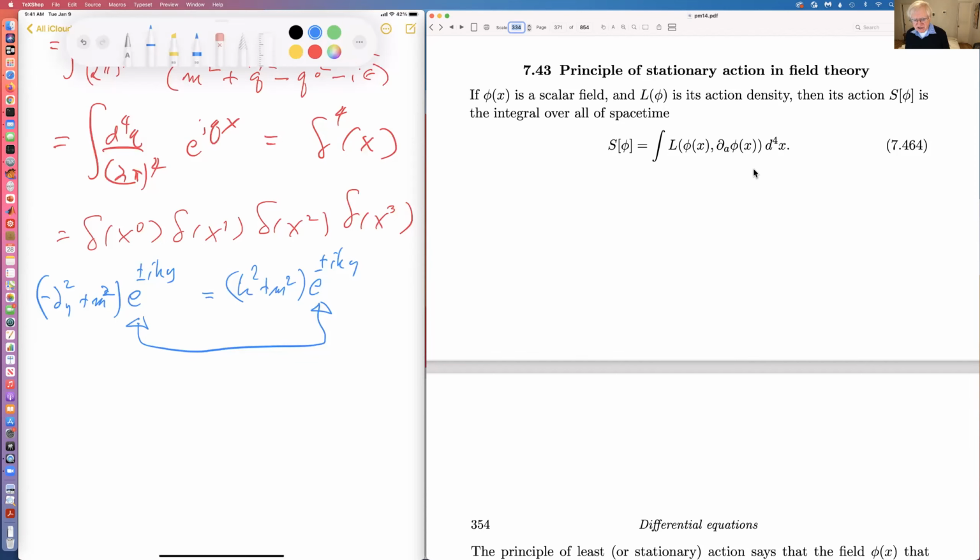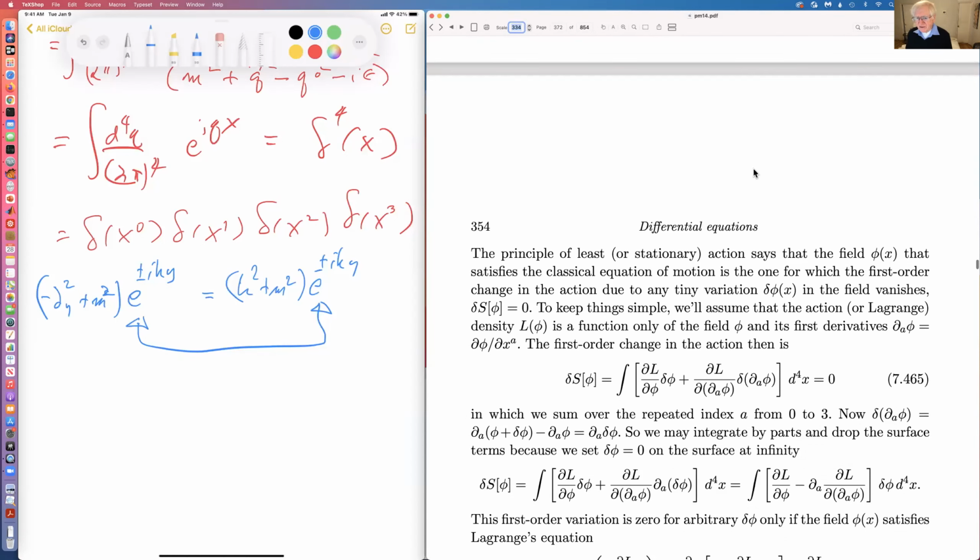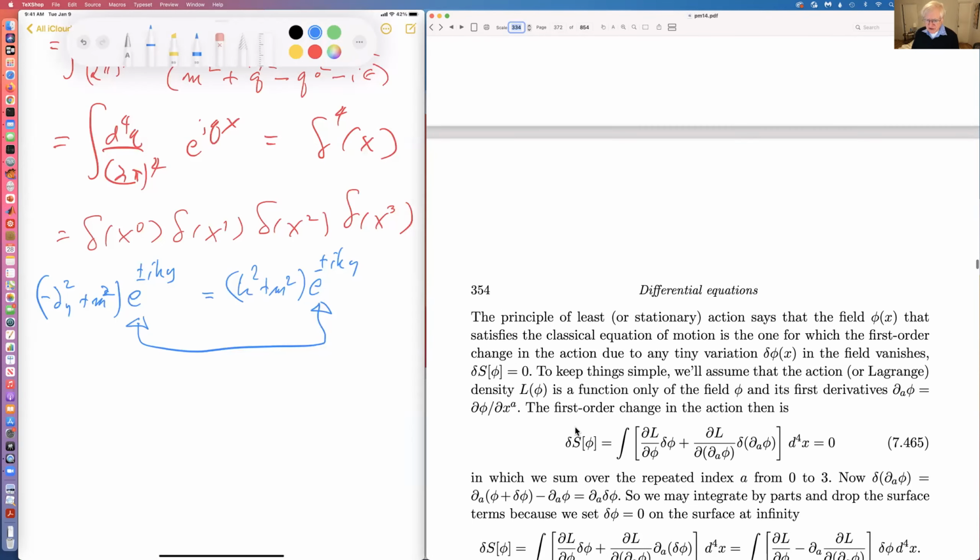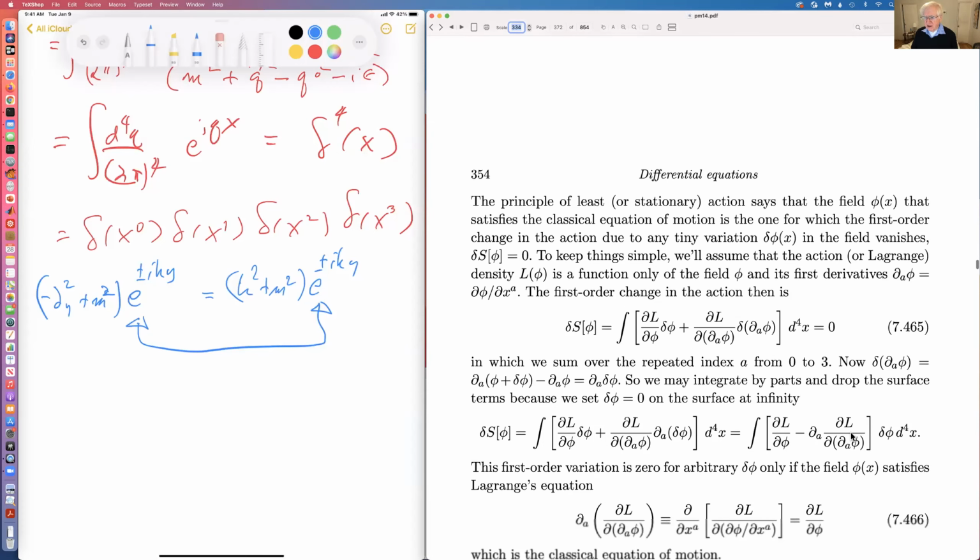Now, the principle of least or stationary action says that the field phi that satisfies the classical equation of motion is the one for which the first order change in the action due to any tiny variation of the field vanishes. So delta S is 0.